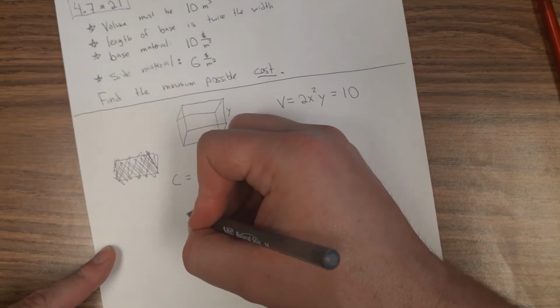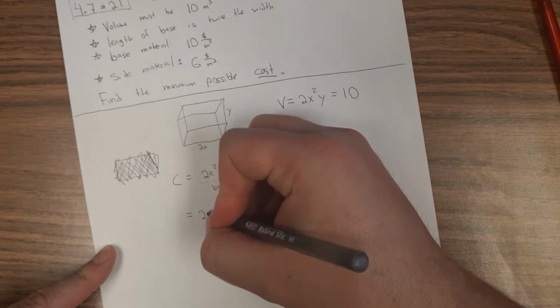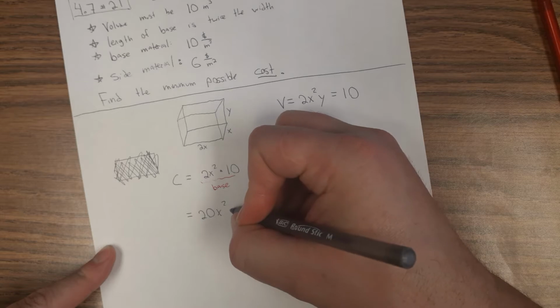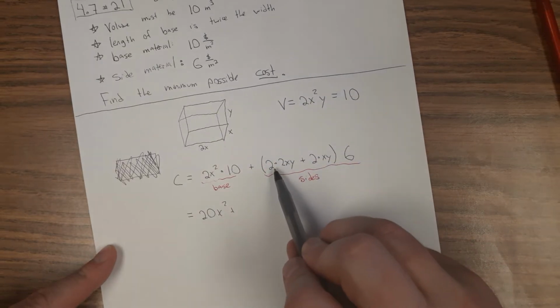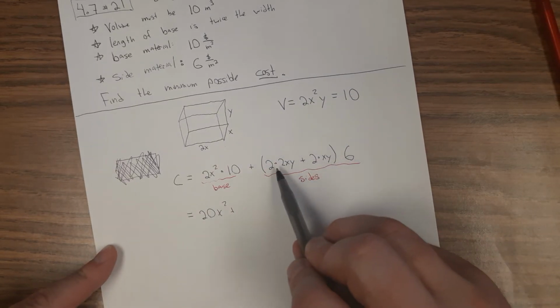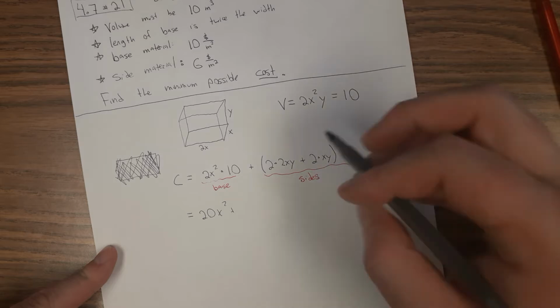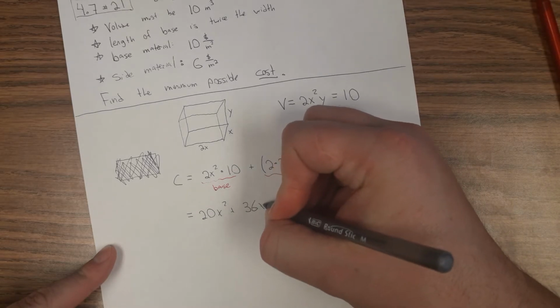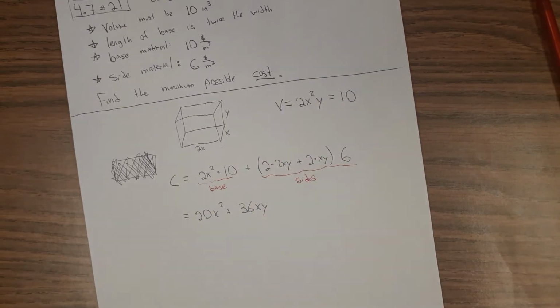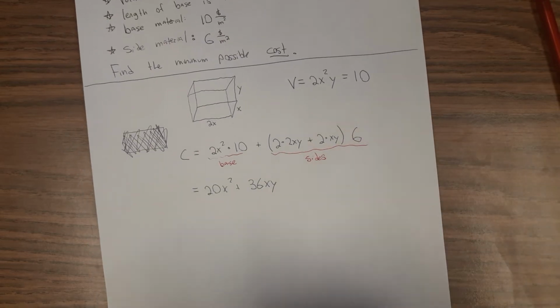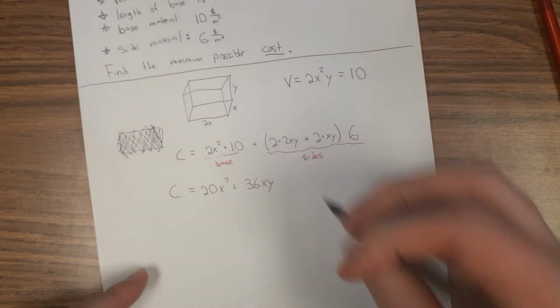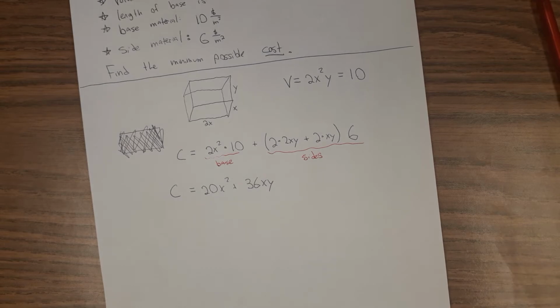Okay, let's clean that up. I get 20x squared plus, let's see, this is 4xy plus 2xy. That would be 6xy times 6, so 36xy. Okay, good. So this is a familiar spot.